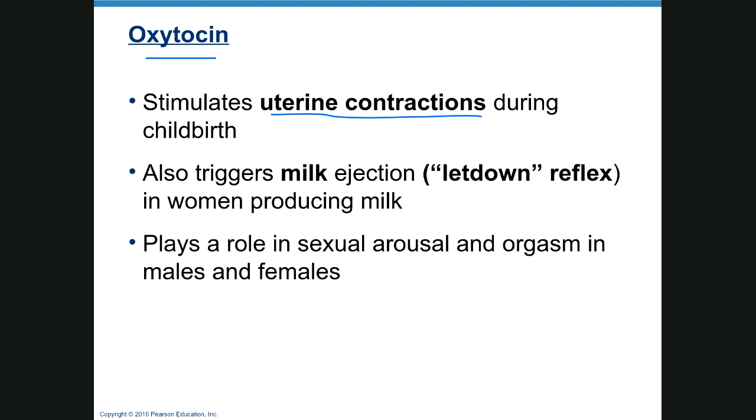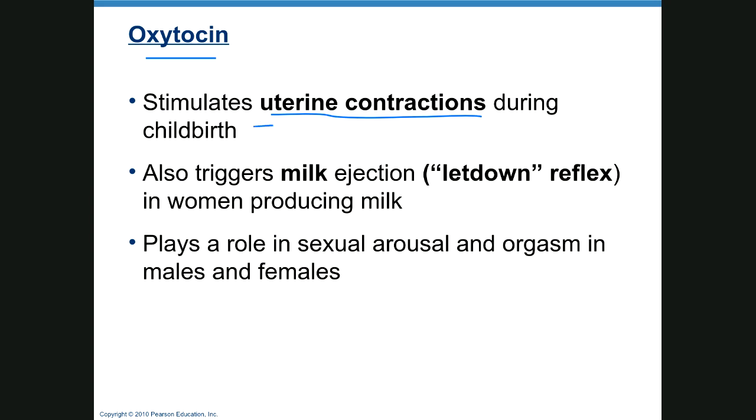The more contractions you have, the more oxytocin you release, which makes you have more contractions. If this were not so, the human race would not exist, because women would have 2 contractions and they'd say, I'm done, we're not going to contract anymore. So it's an involuntary positive feedback until you have childbirth.